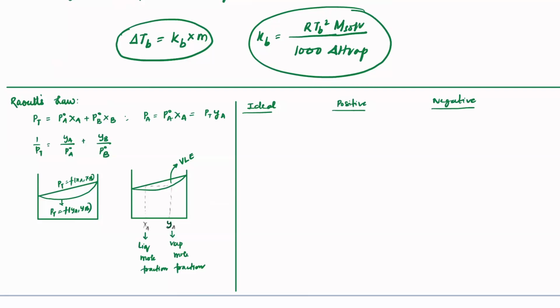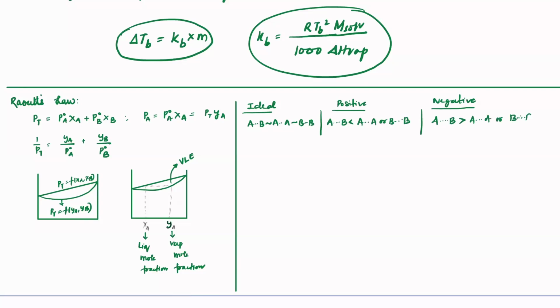So the one which follows Raoult's law, there we learned that AB interaction is same as AA interaction is same as BB interactions. While for positive deviation, we learned that AB interactions will be less than AA interaction or BB interaction. While for negative deviation, we learned that AB interaction is greater than AA interaction or BB interaction.